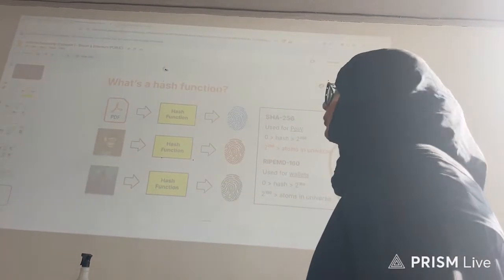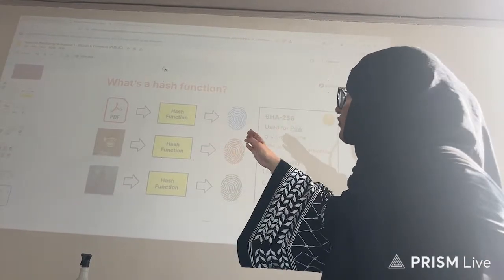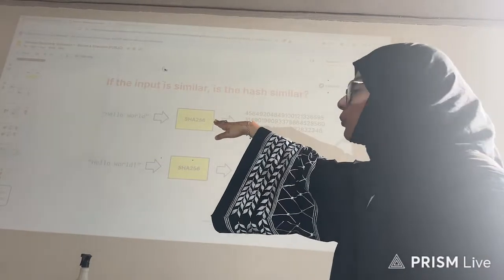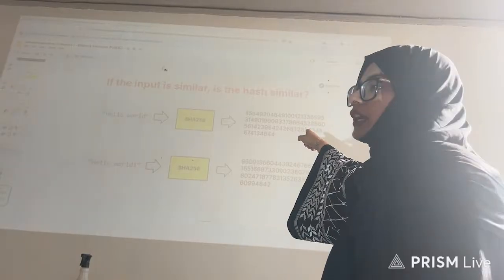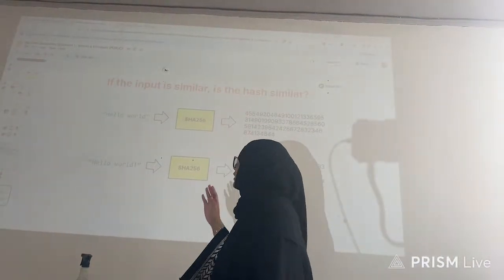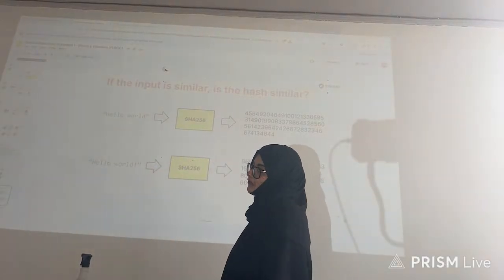What is POW useful for? Proof of work. You can put anything through the hash function and it will give you a hash output. We'll look at how that works. If you put hello world through SHA-256, that's the output you get. Because this is a cryptographic algorithm, reversal is not possible. So how do you verify if this is the right hash?